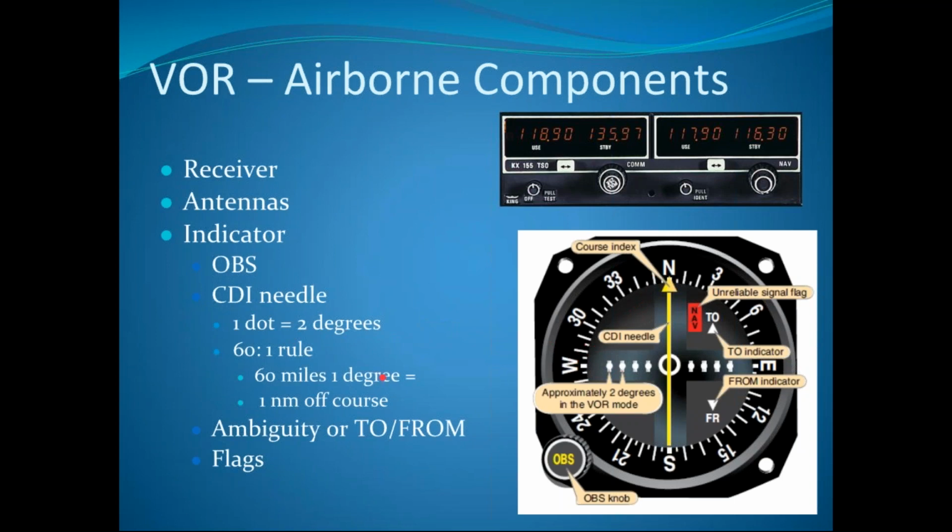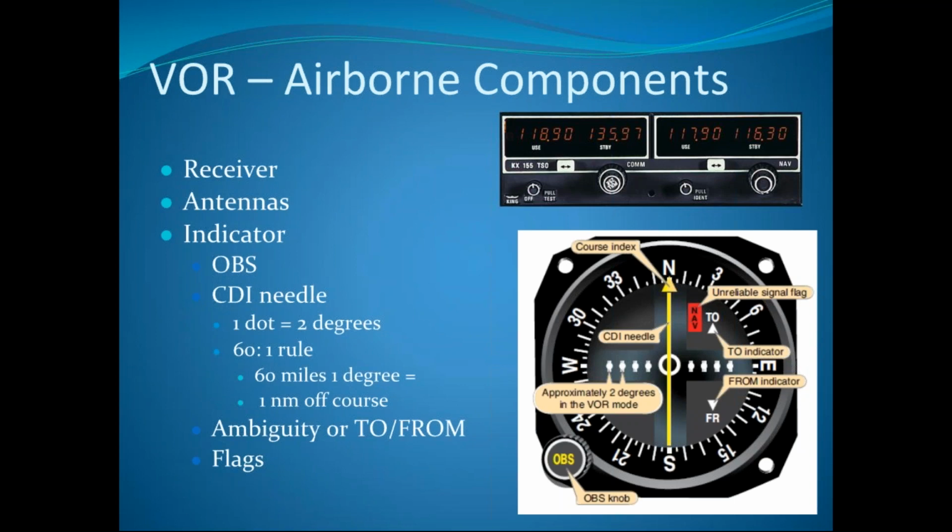So 2 degrees off from 100 miles is going to mean something different than 2 degrees off at 20 miles from the station. But they have to do it in degrees. So when it says 2 degrees, the pilot will correct to basically get back on course.